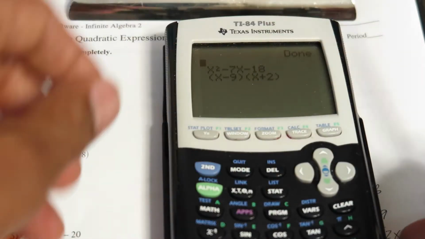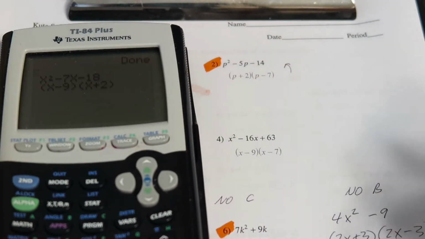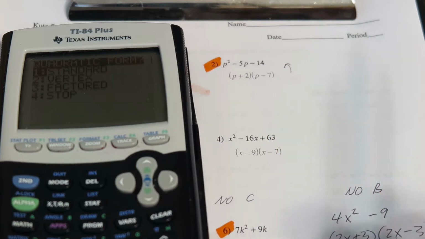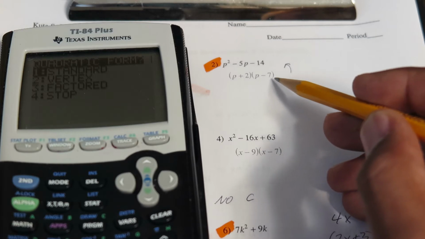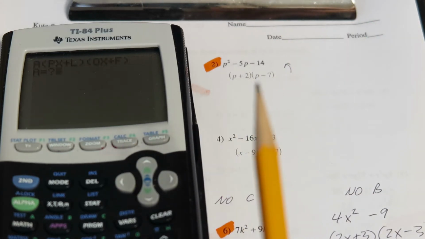Pretty straightforward. Now, here's the thing that's pretty nice about it: you can go the other way as well. You can go from the factors to the standard form. So if we look at this one, we've got x plus 2, x minus 7. We're going to choose option 3 for factored.